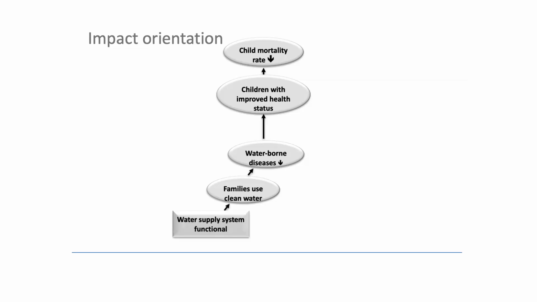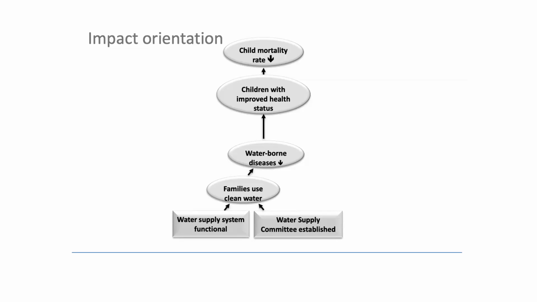Okay, therefore, a new water supply system has to be functional, but it's not just the construction of such a system which will help. We need also a water supply committee, which is established. And established means in this sense that they are not just formed, but they are also able to fulfill their responsibilities, and they are also doing so.